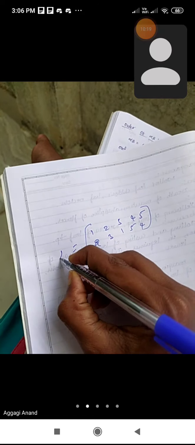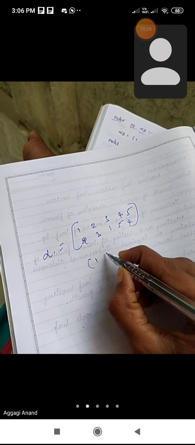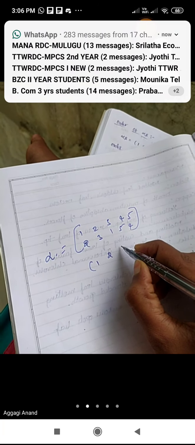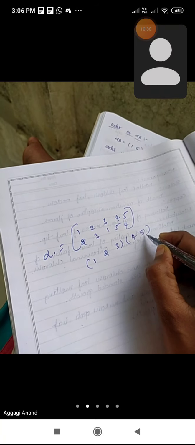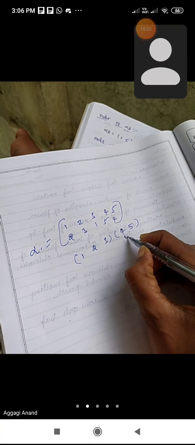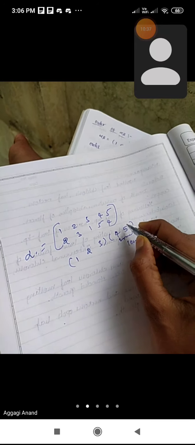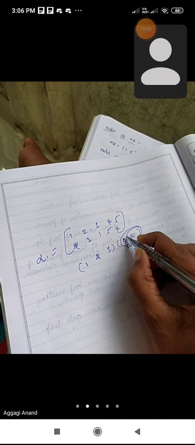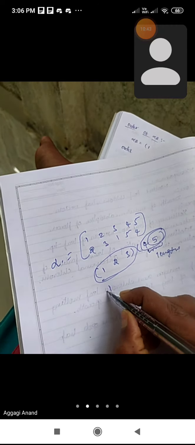This is the permutation. Cyclic length is 3 and 2. So this is the cyclic length 2, so this is the transposition. Next, this is converted to transposition.